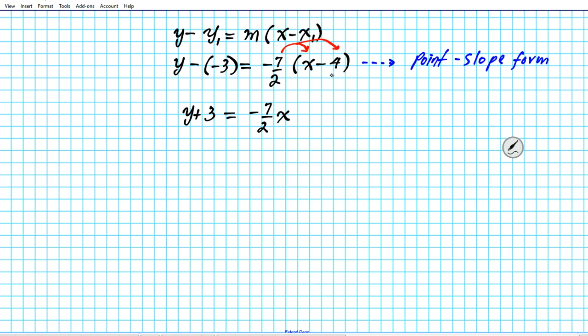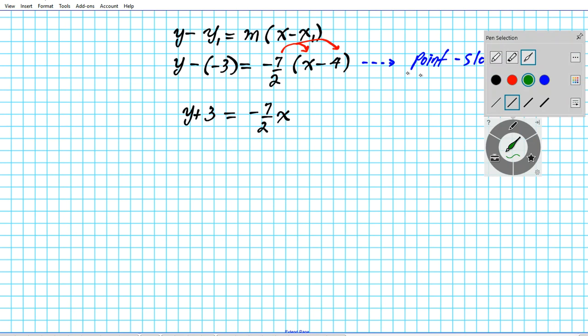Now what is negative 7 over 2 times negative 4? An easy way to avoid making errors when multiplying fractions with integers is to express the integer as a fraction also. So 4 is equivalent to 4 over 1. Why did I do that? We can clearly see that we are going to be multiplying the numerator with the numerator, denominator with denominator, and the sign with the sign.